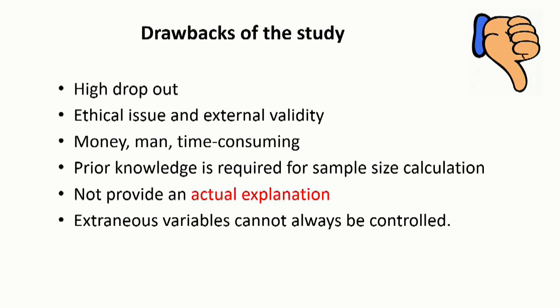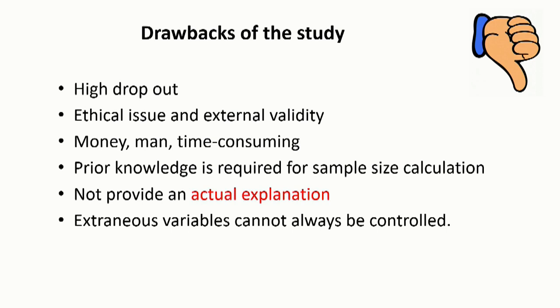And in fact, it is not the actual explanation. Let me clarify this. In experimental design, you study cause and effect, but like I said, there are many causes that can cause the same effects. So if you want to prove it, you need to do some more experiments to answer this question.